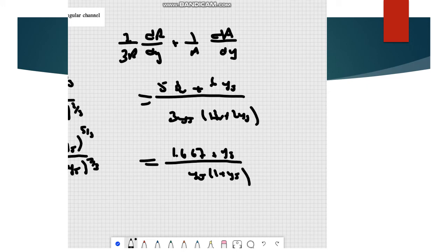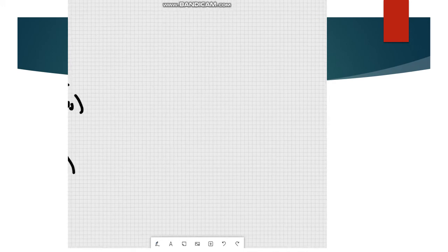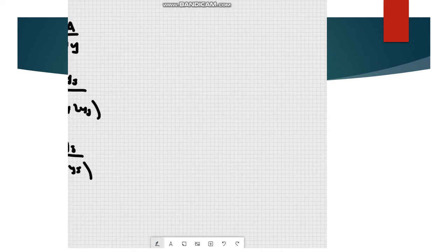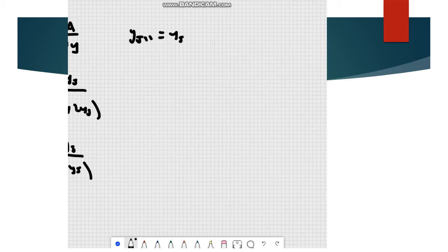So what do we need to do? We need to use Newton's procedure, right? Which was, let me write it here: y_j+1 is equal to y_j minus, Q over Q_j and so on, right?